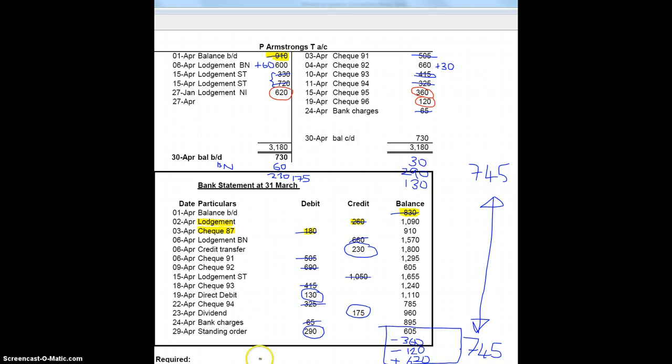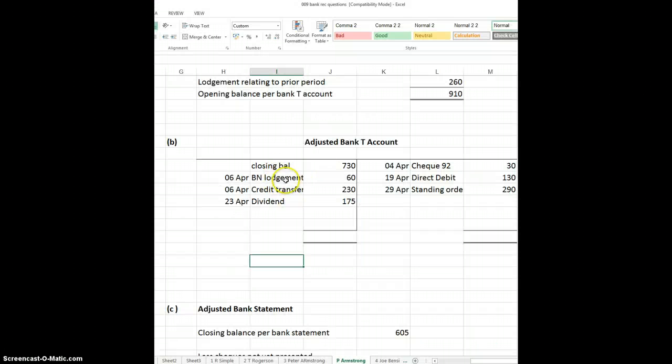And I'll just show you what that looks like if you were to write it out. So I've just put in the entries, and there are all the debit entries. Here are the credit, and then just like I did, you add up both sides.